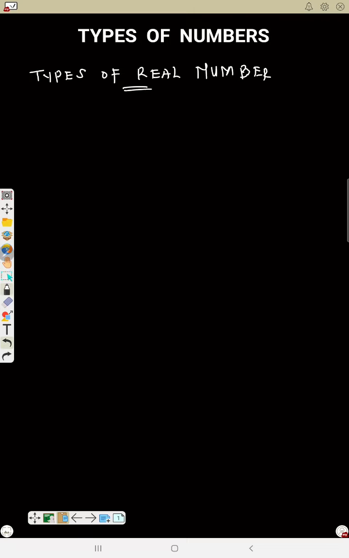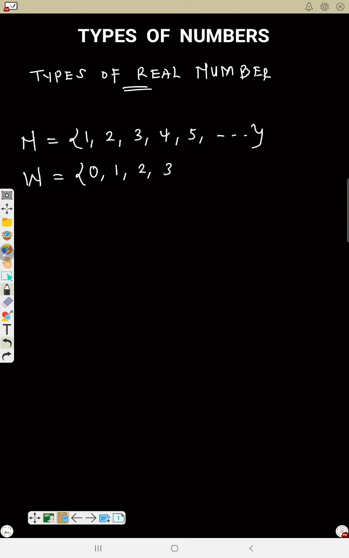From the beginning we started with natural numbers. We said natural numbers are 1, 2, 3, 4, 5, all counting numbers. We also said whole numbers, with W for the set of whole numbers, are 0, 1, 2, 3, 4, 5, 6.